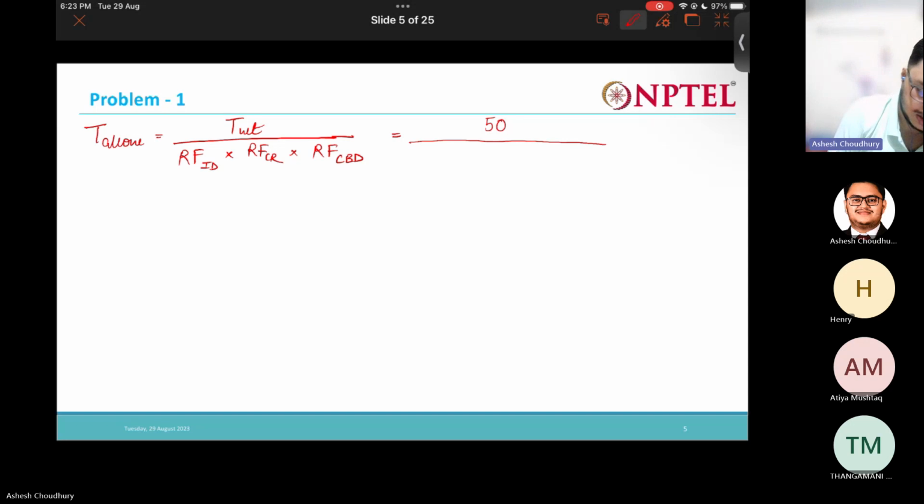So this reduction factor for installation damage, let us take it as 1.2, and the others as 1.5 and 1.1.